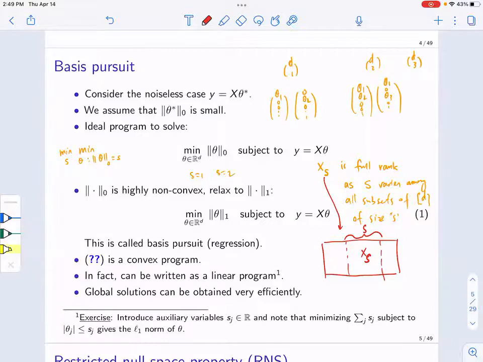We still need the assumption that S is smaller than or equal to N, so this imposes that assumption. If S is bigger than N, this cannot happen, so these matrices can only be full rank if S is less than N.